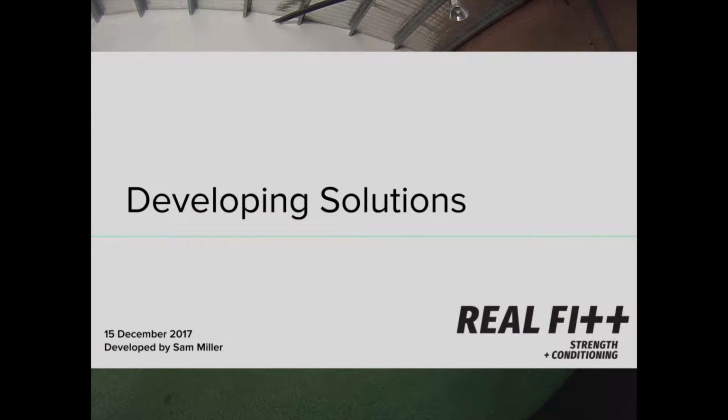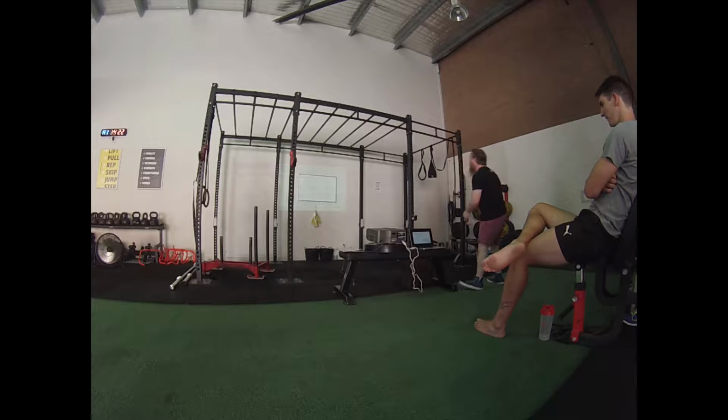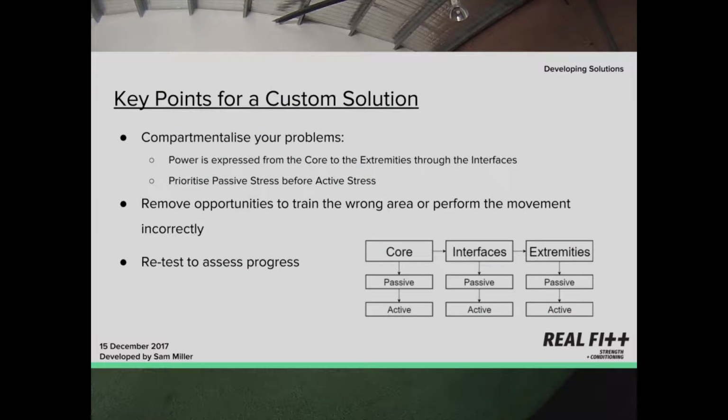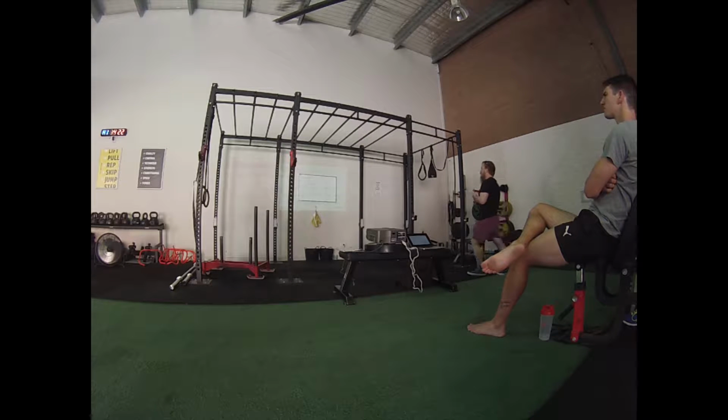Right. This is the custom solution part of it. Key points for a custom solution. Compartmentalizing problems, we talked about it before. Start with the macro, work your way down to the micro. We said earlier, power is expressed from the core to the extremities through the interfaces, right?